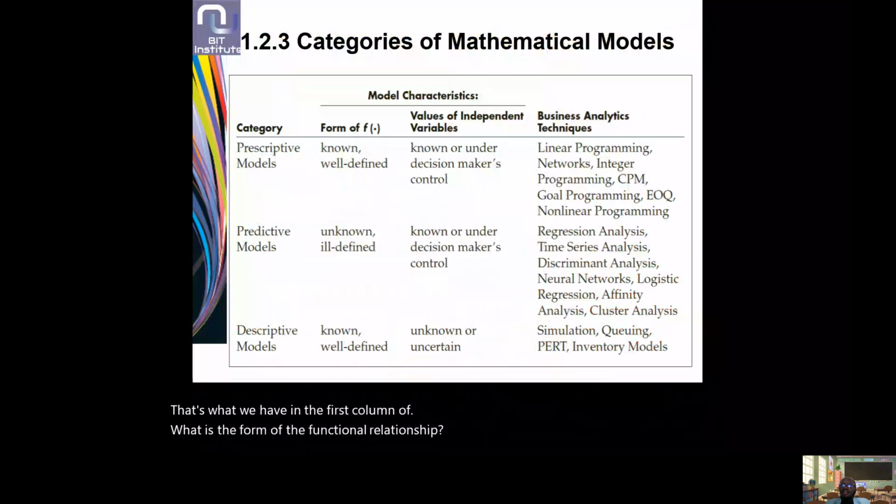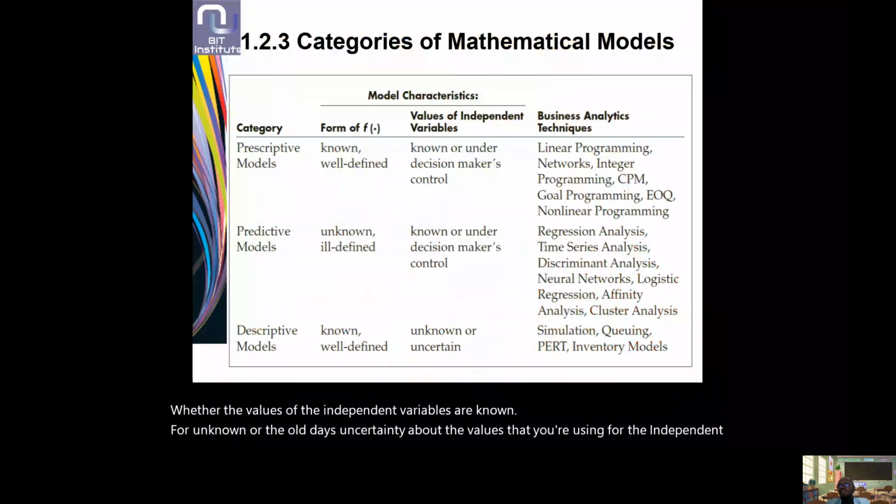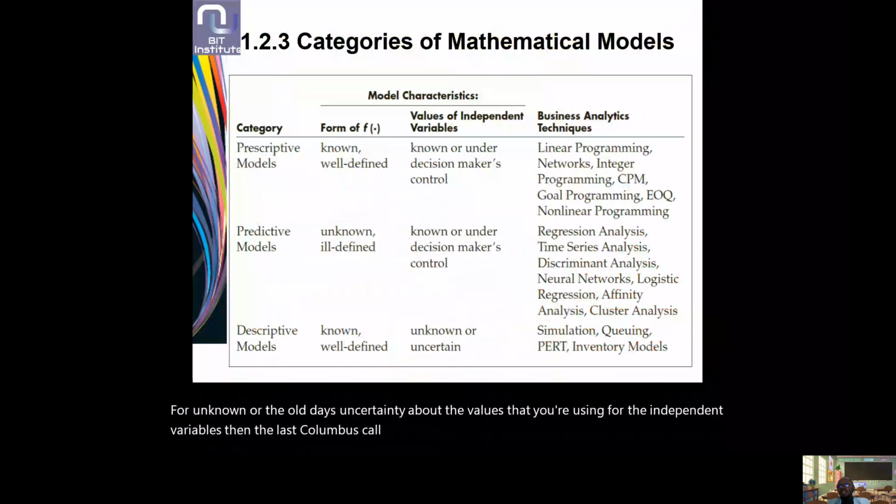Does the decision maker have knowledge about the problem, and what kind of knowledge do they have about the problem they want to solve? The second aspect relates to whether the values of the independent variables are known, unknown, or uncertain. The last column identifies examples of techniques for each category.